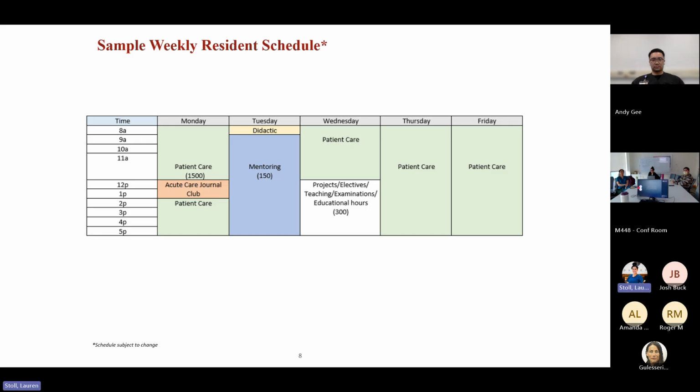One other thing I will say about scheduling. So typically you'll work Monday through Friday, but this is acute care. So it's a 7-day operation. So starting in like January of your year, you'll start being in the weekend rotation, which means that you'll work one weekend every 6.